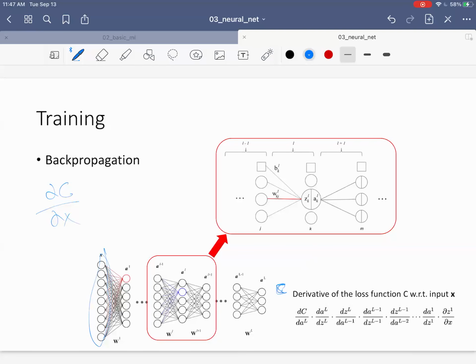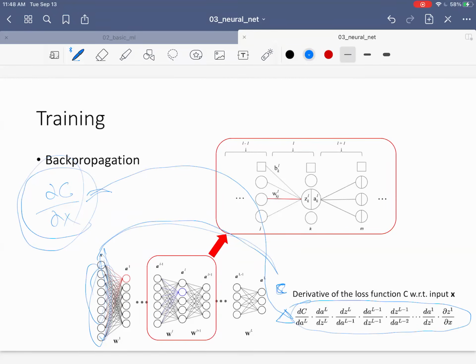Because it depends on the predicted output and the true output, and your X is way over here. So all the weights in between need to be accounted for when you want to differentiate the cost function with respect to the input X, so you need to break this down by the chain rule, which is way over here.